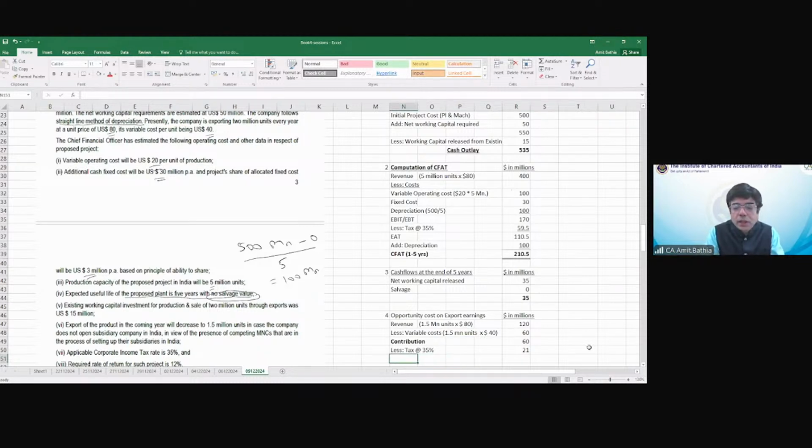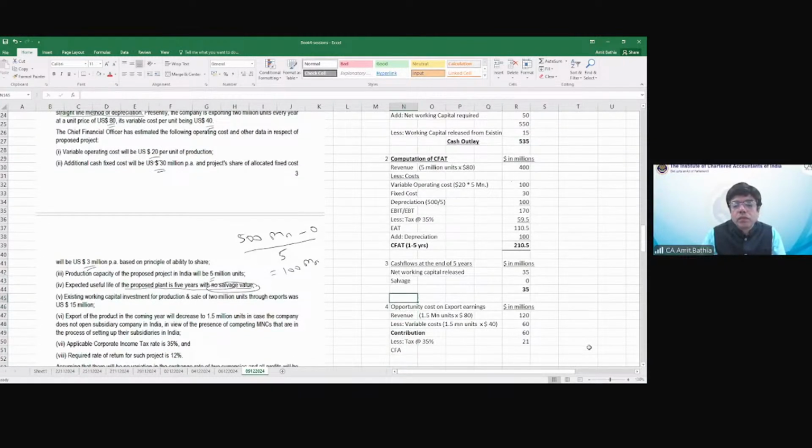So what is my cash flow after tax? 60 minus 21. So I will have $39 million in cash flow had I not essentially pursued this. If I choose not to pursue this project, then I'll have $39 million year on year, for the next 5 years. So this is for all the 5 years together.